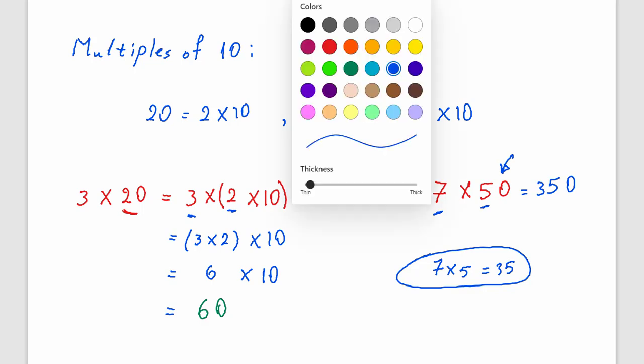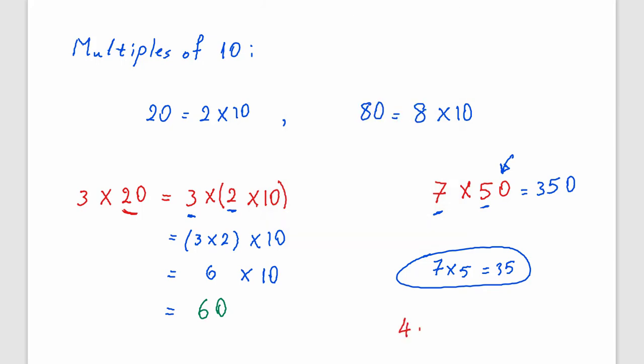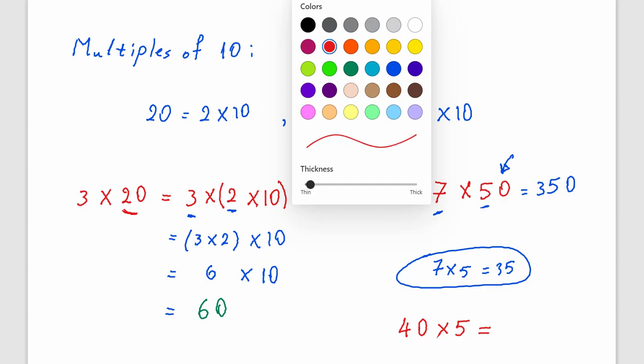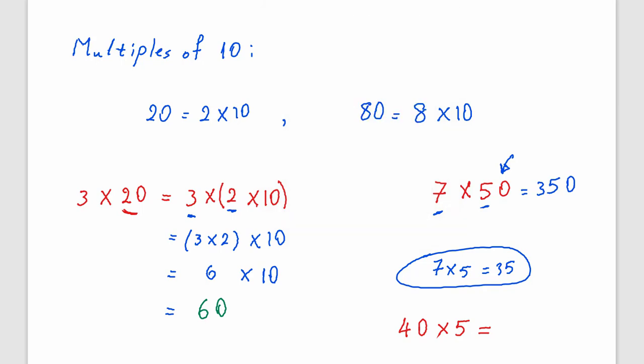Let's do it another time. 40 times 5. First, we have to think of the product of 4 multiplied by 5. And 4 multiplied by 5 equals 20. So I will write 20. But this 20 is 4 times 5.